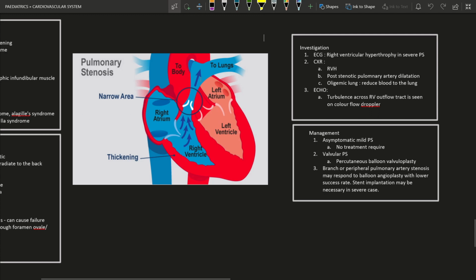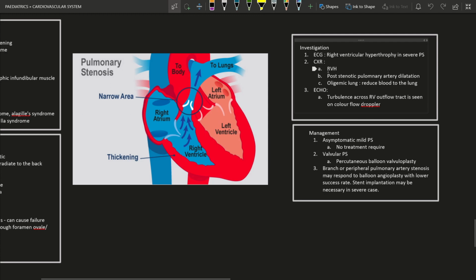When the pulmonary circulation receives less blood than normal, the right side of the heart compensates by increasing the muscle thickness, or what we call hypertrophy, to increase the blood going to the lung. As you can see from the arrow here, there's a congestion of blood before the stenosis area, and they need to pump harder.